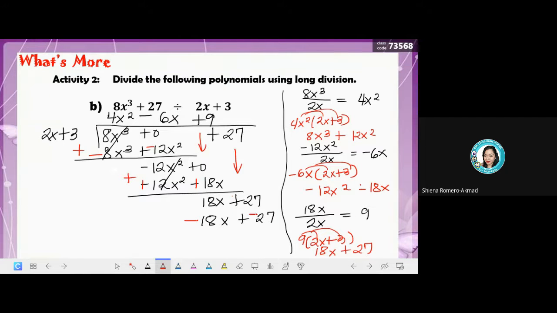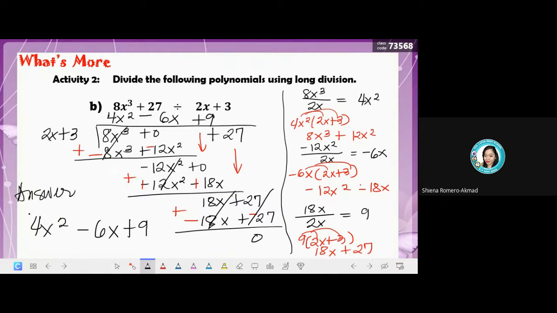Change the sign, then we proceed to addition. 0, 0. So, ang final answer natin is 4x squared minus 6x plus 9. So, this will be our answer.